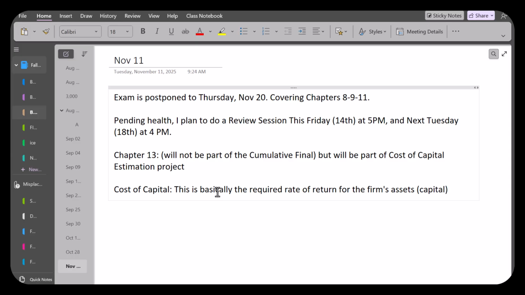Don't think of capital as your own money. It's not only your own money, but also the money that you borrow that are used to finance a given investment project.